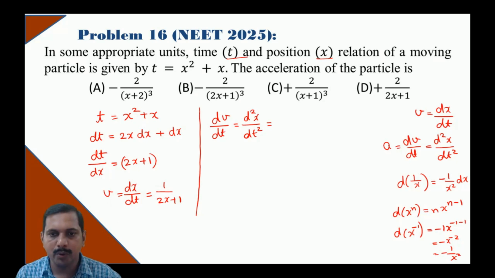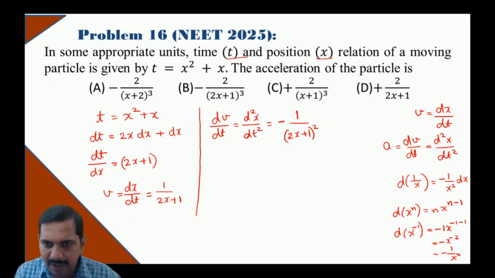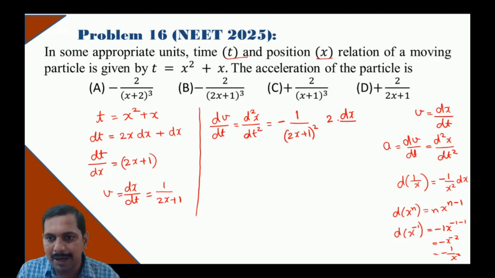So the same thing we will do it here. So this particular thing will come as minus 1 by 2x plus 1 the whole square, and then we have to apply the chain rule, right? So we will differentiate this here. This would become 2x would be 2 into differentiation of x with respect to time, so it will be dx by dt.